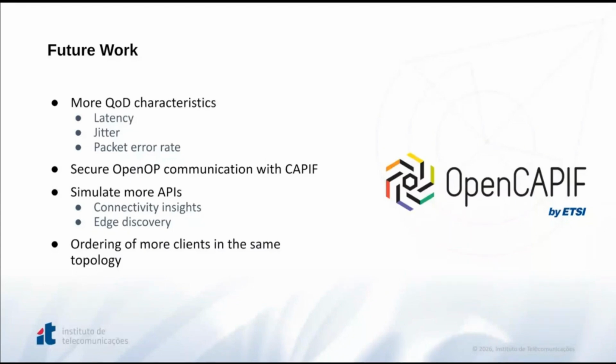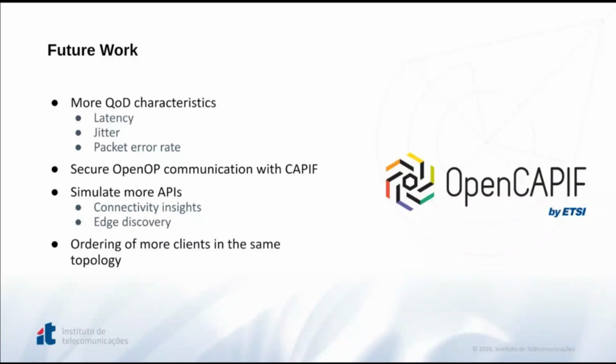We had also originally planned to integrate CAPIF into the communication with OpenOP to provide security, but due to some time constraints, we couldn't do it. So we would like to revisit that.